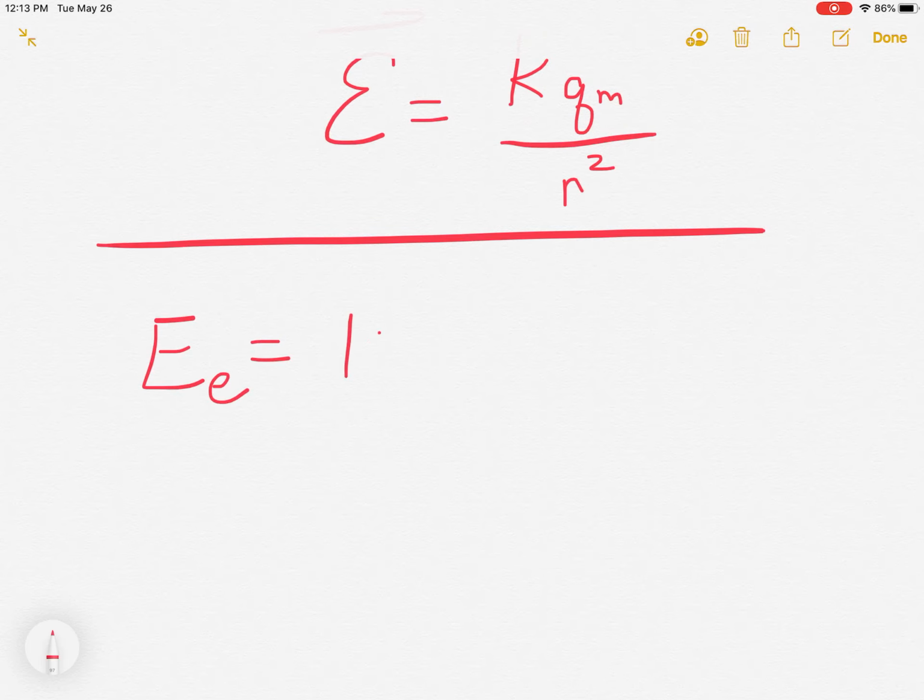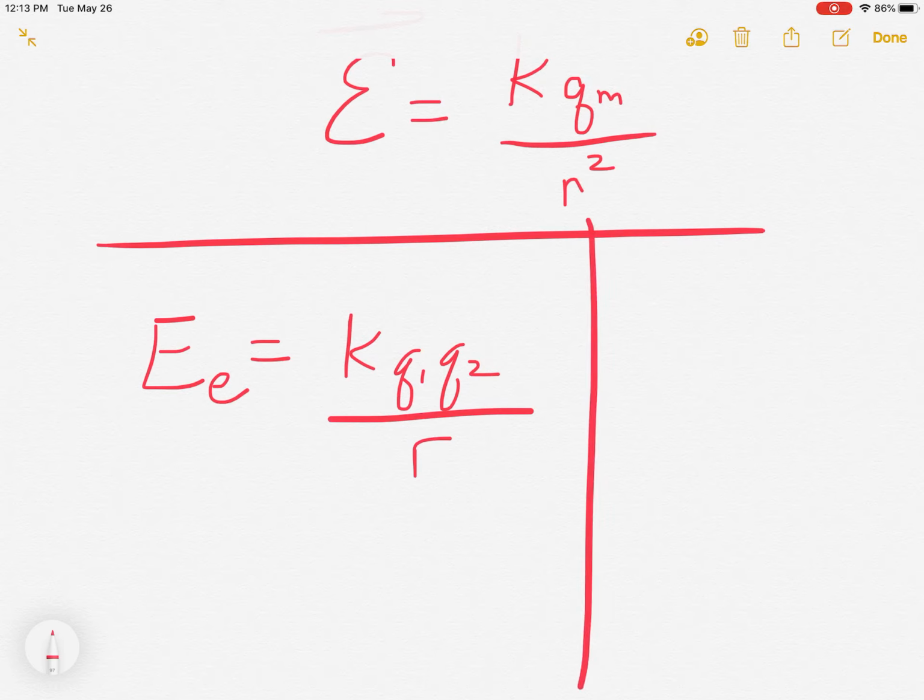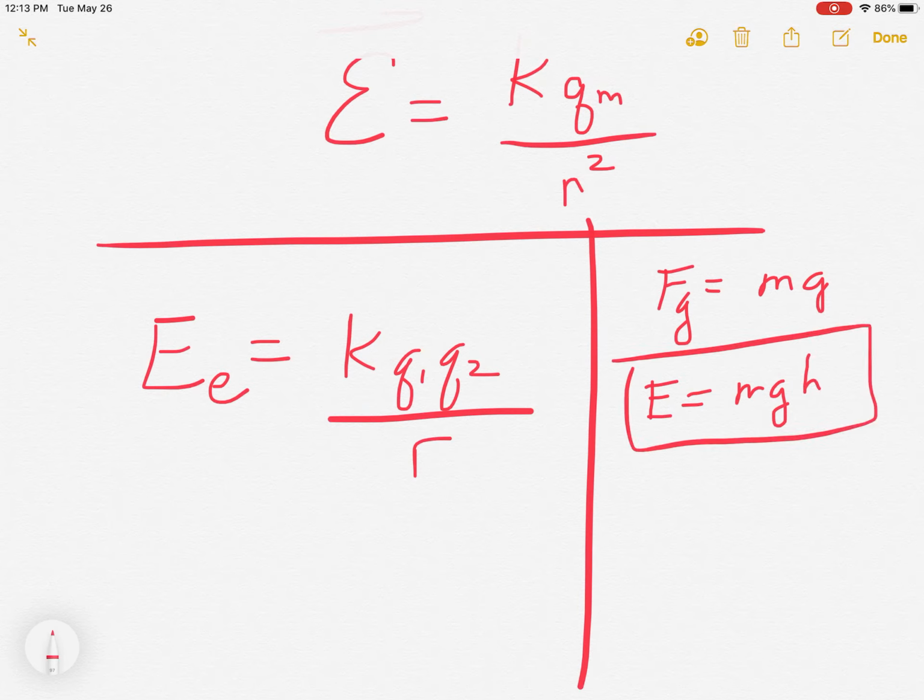Okay, so now we have the energy equation for electricity, k Q1 Q2 over R. And when we were doing our parallel for gravity, if we had the force of gravity equals mg, then we could do the energy of gravity equals mg multiplied by h, by the change.